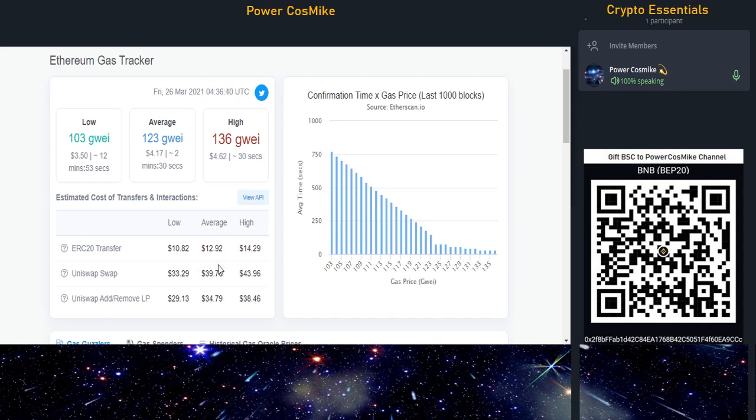Well, that's because when you are interacting with the blockchain, the low is basically the minimum you can pay at that particular point in time and expect to have your transaction go through. And as we talked about the slow transaction speeds on Ethereum, a transaction like that can take typically 5 to 10 minutes, maybe longer.